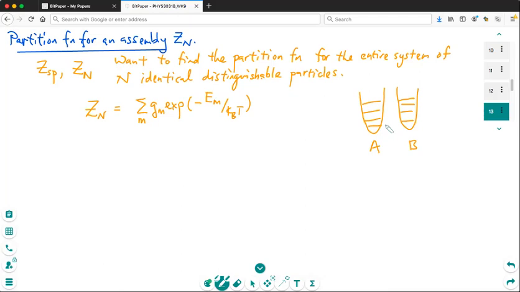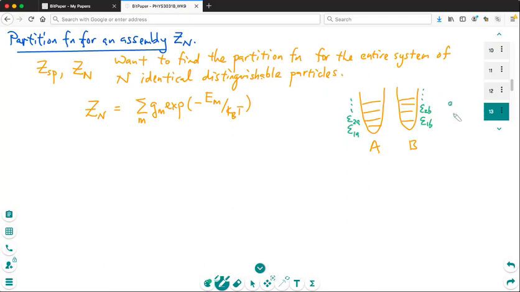So I'm going to call this, let me be careful, this is energy of A and B. So this will be E1B, and the second one will be E2B. I'm going to use a number to label different levels, and this alphabet to label which particle. So this here will be epsilon 1A, epsilon 2A, and so on.